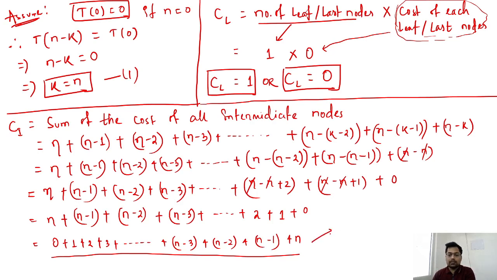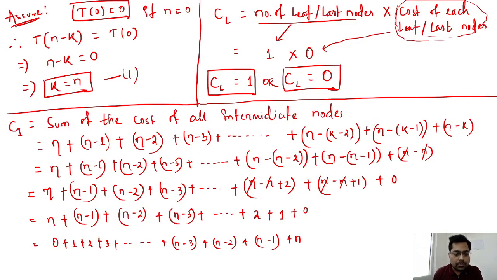Since we are adding up to n, it should be n into n plus 1 by 2. I'm just writing on the next page, that could be better to understand. Ci will be, because you are adding, you can ignore 0, not an issue, 1 to n, that is n into n plus 1 by 2, which is n square plus n by 2. The maximum is n square.